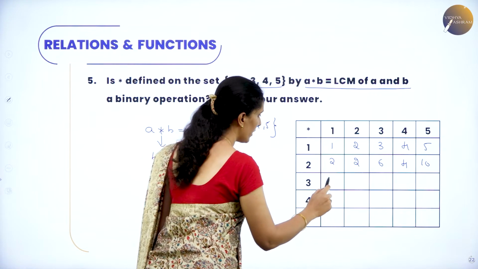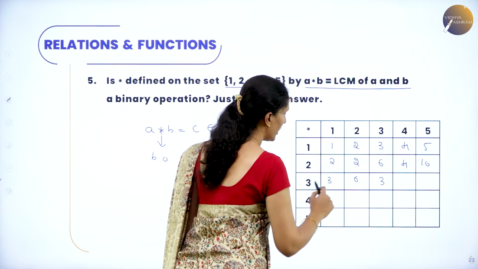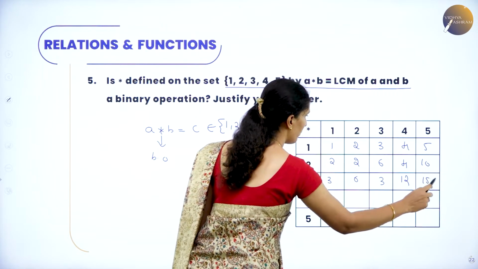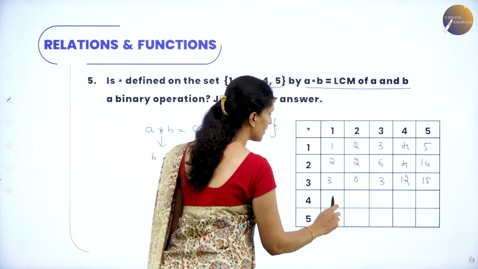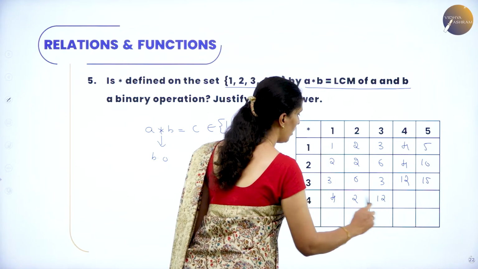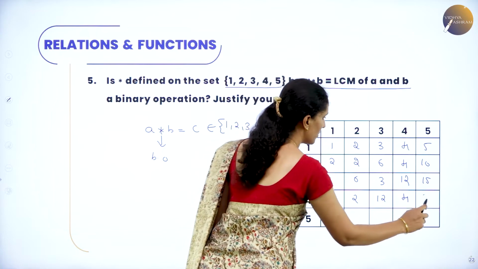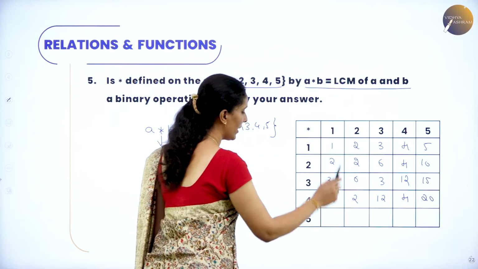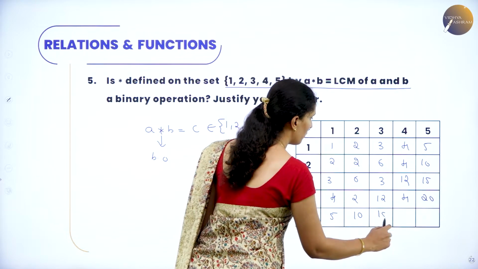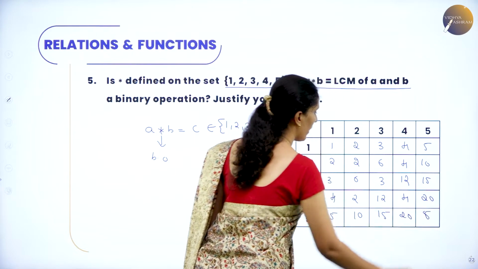Next, 3 and 1 is 3, 3 and 2 is 6, 3 and 3 you will get 3, 3 and 4 you will get 12, 3 and 5 is 15. Next, 4 and 1 is 4, 4 and 2 is 4, 4 and 3 is 12, 4 and 4 is 4, 4 and 5 is 20. Next we have 5 and 1, 5, 5 and 2 is 10, 5 and 3 is 15, 5 and 4 is 20. So 5 and 5 is 5 itself.